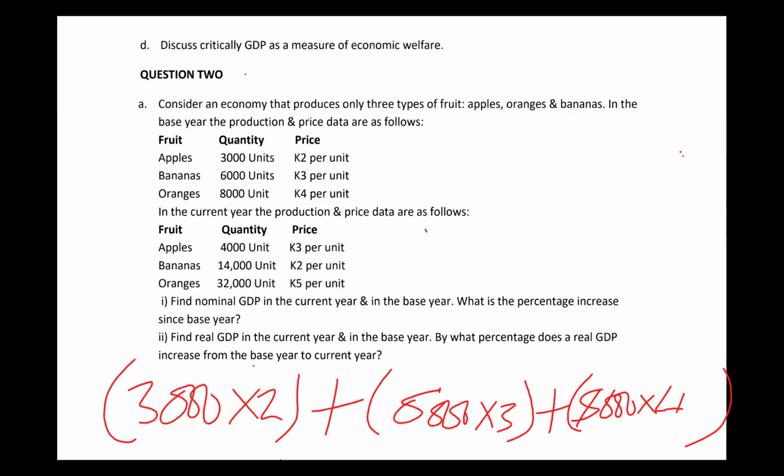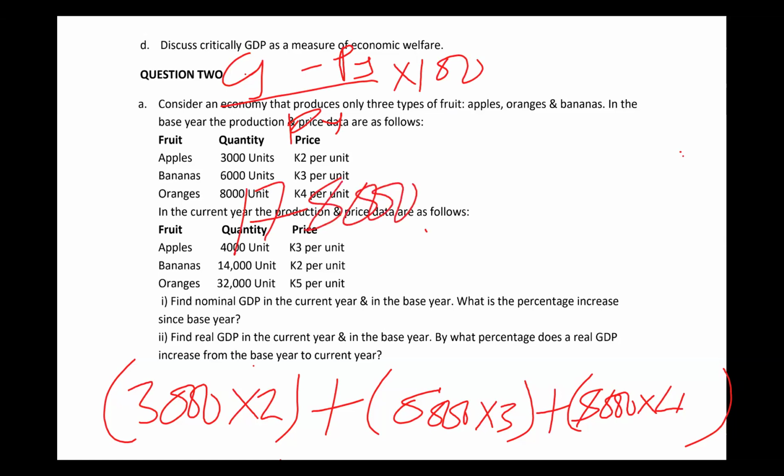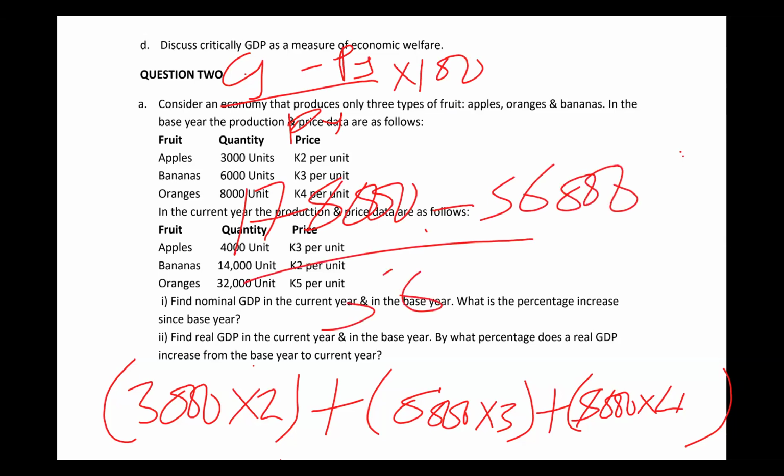Can you now go ahead and find the percentage change? We use the current year GDP minus the previous year's GDP divided by the previous year's GDP, real GDP in this case, times 100. What was the real GDP in the current year? Is it the one where we found 178? Yes. Minus the real GDP in the other year, which was 56,000, divided by 56,000 multiplied by 100.